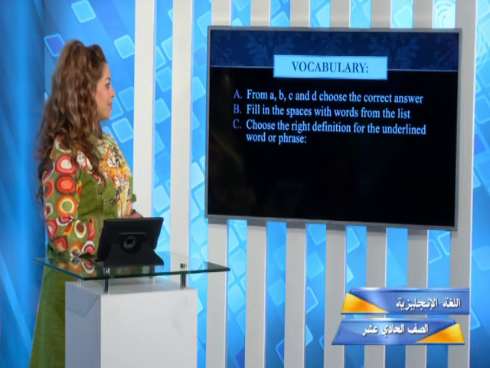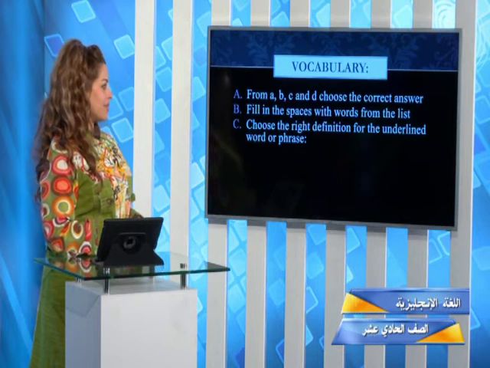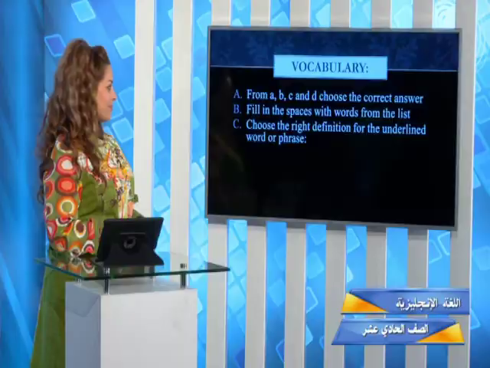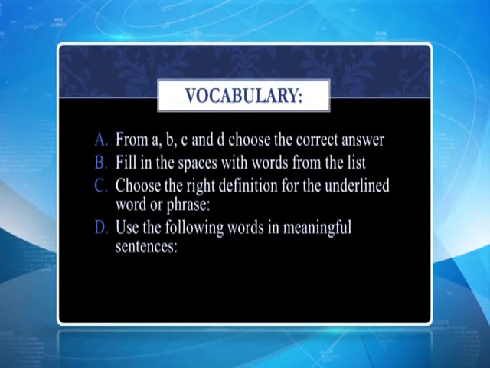Third type, choose the right definition for the underlined word or phrase. Fourth type, use the following words in meaningful sentences. The last 2, we usually have them in quizzes, but the first 2, you will find them in the 3rd period exam and the 4th period exam, not in the quizzes.